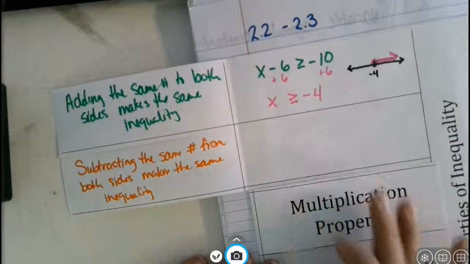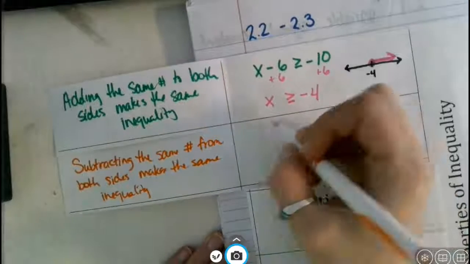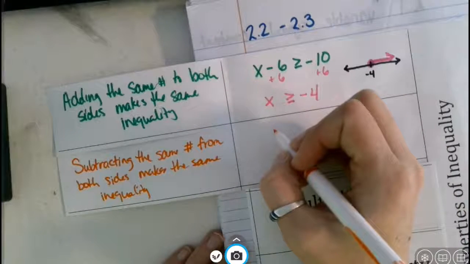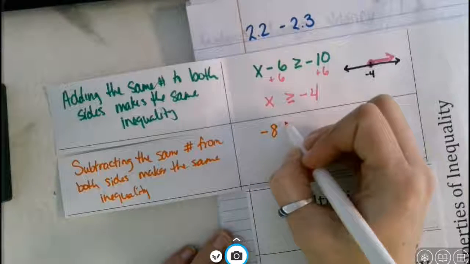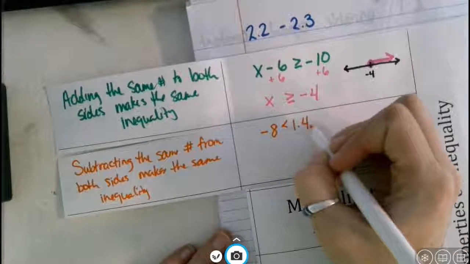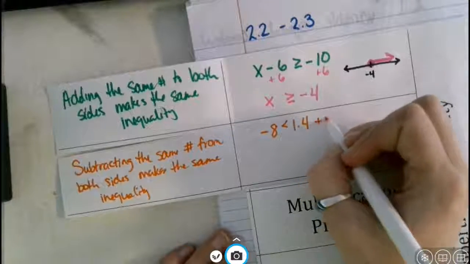Let's go ahead and look at an example here. Here I've got negative 8 is less than 1.4 plus m.